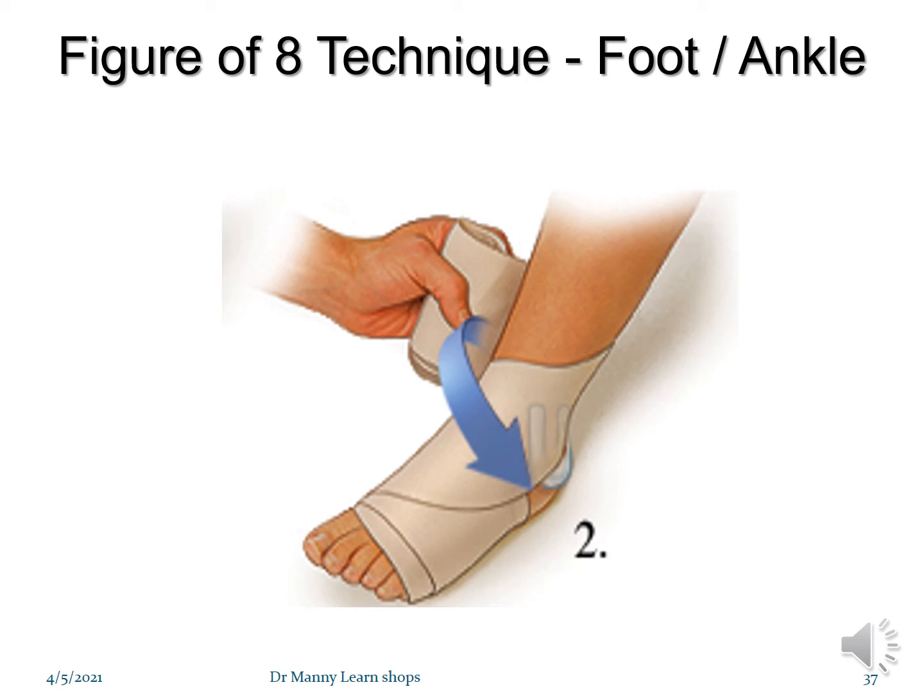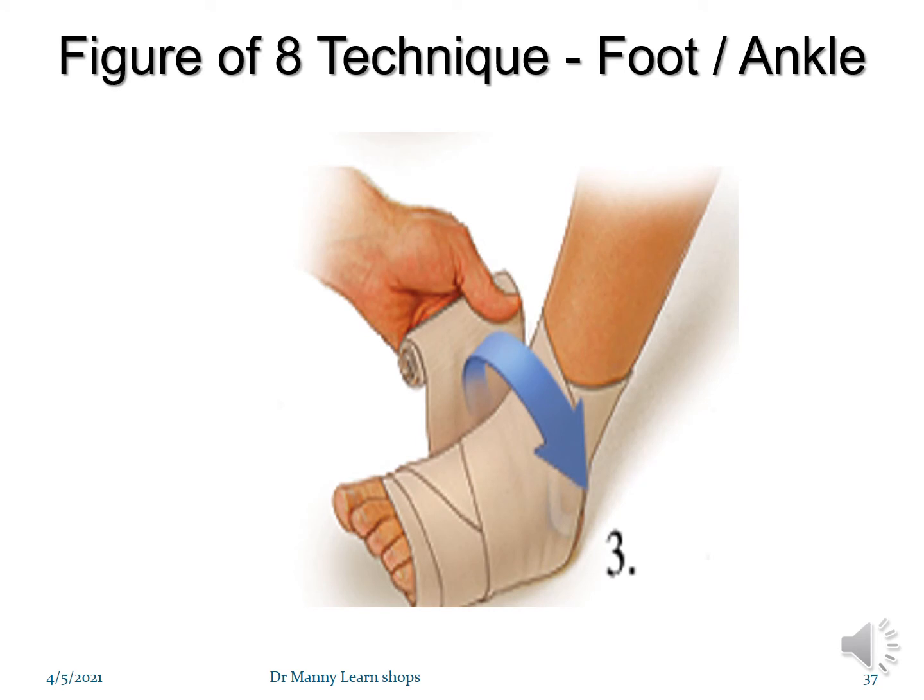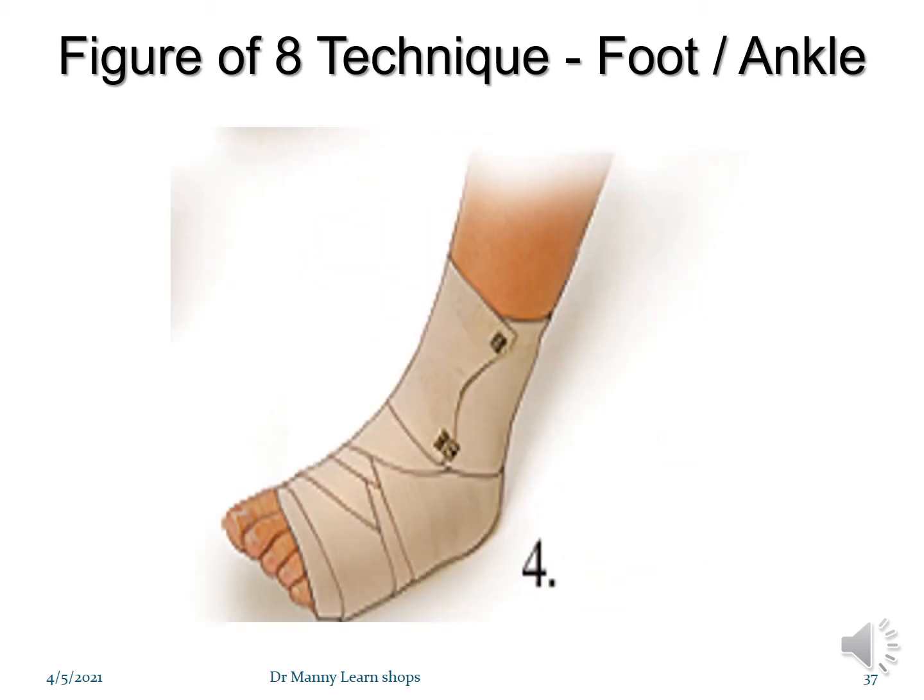Continue foot, ankle, foot, ankle, foot, ankle until you end. And as I said, it's preferable to use adhesive tape rather than the metallic clips because they could cause injury. And then afterwards, assess for circulation, warmth, colour, pain.